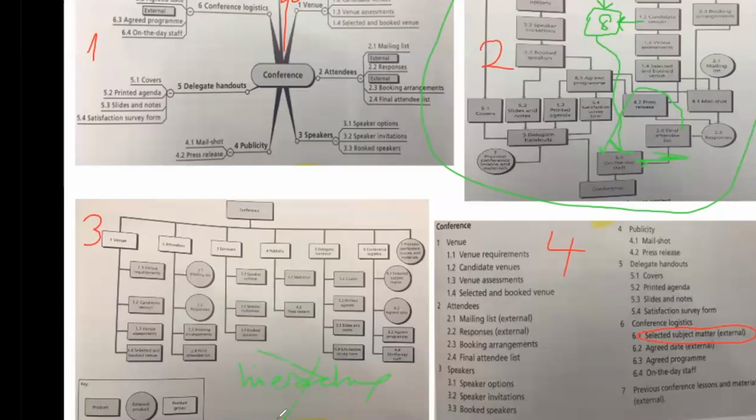It doesn't show a hierarchy. It doesn't show a sequential order. You just categorize your thoughts, about the venue, about the attendees. It's not showing me a hierarchy, or rather the precedence. Number 2 shows it perfectly.